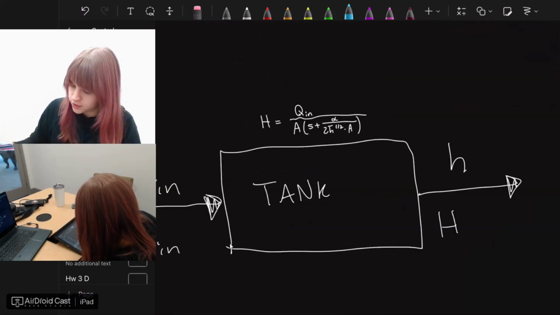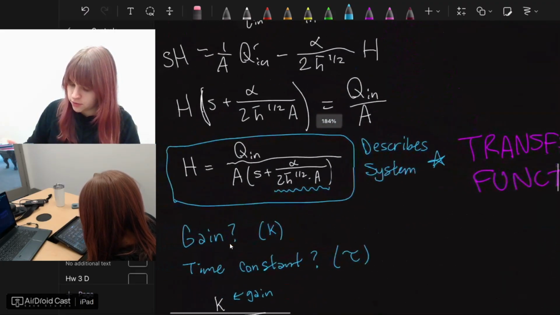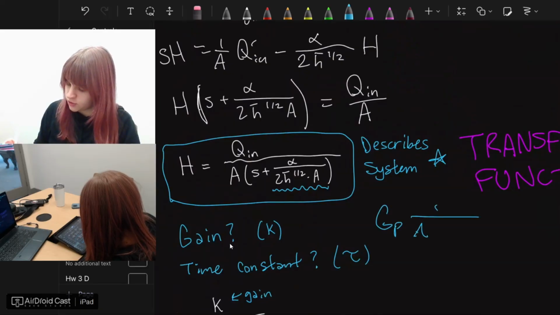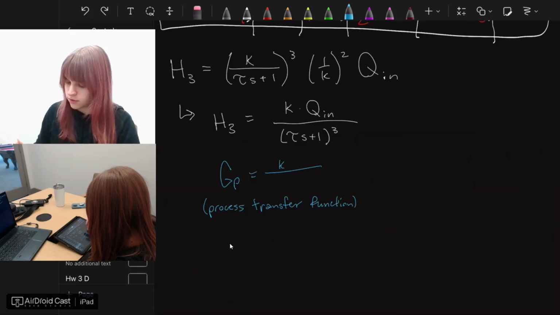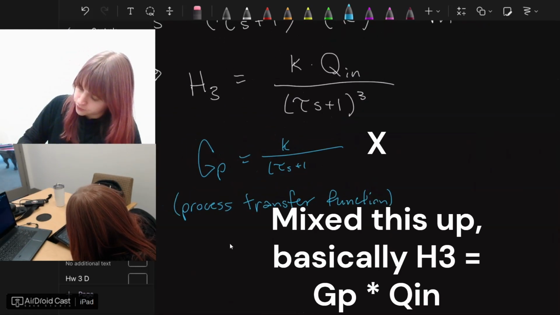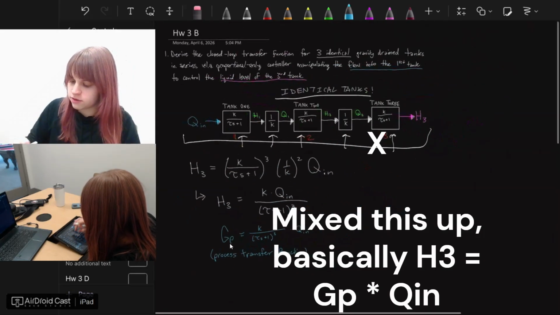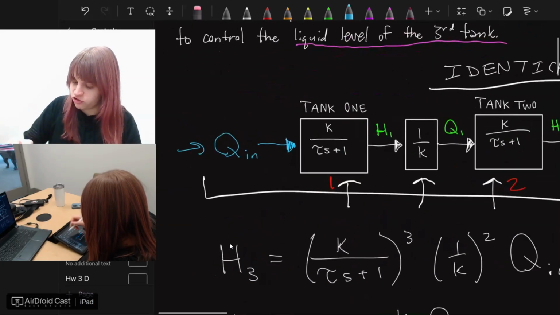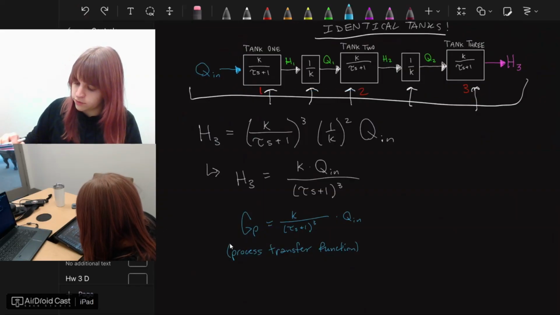Kind of like in part A, we had this equation just be the 1 over a s plus all of that multiplied by the Q in. But we are on part B, so write that out here. And that's because this Q in is entering initially. It is not a part of this network right here.